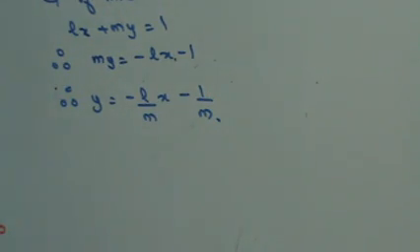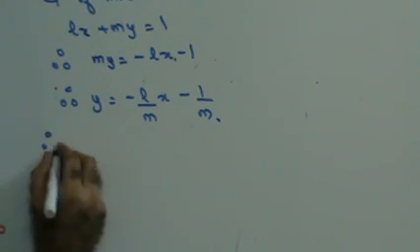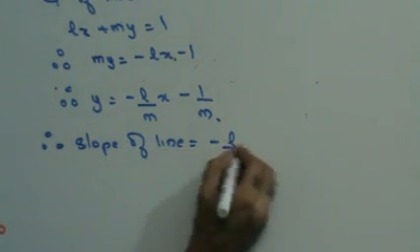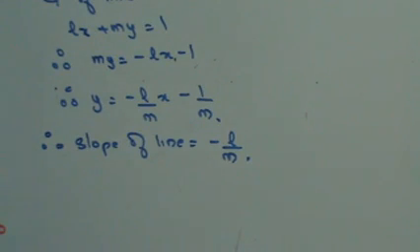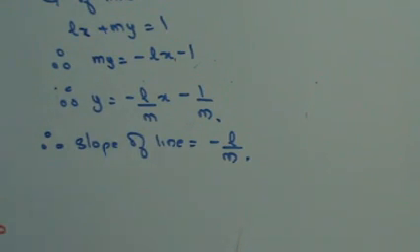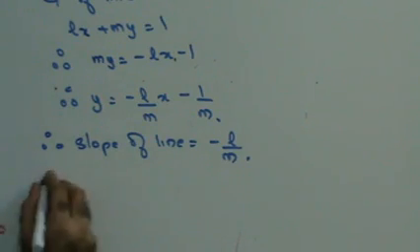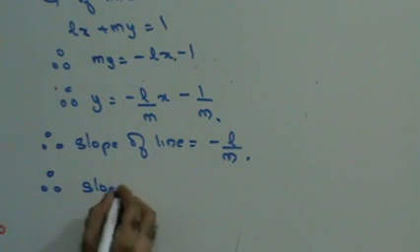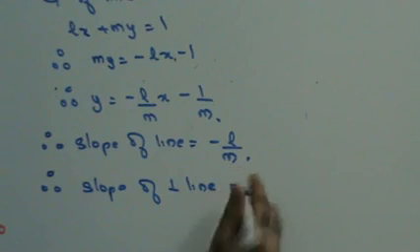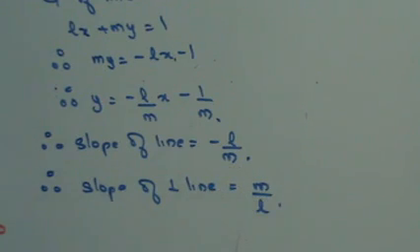This equation is in the form y is equal to mx plus c. That means I can say that the slope of this line is minus l upon m. But this line is perpendicular to one of the lines which is represented by the pair of lines. Therefore I can say that the slope of the perpendicular line is the negative reciprocal, so that will be nothing but m upon l. Once I know the slope of the line, I can substitute it in equation 1.